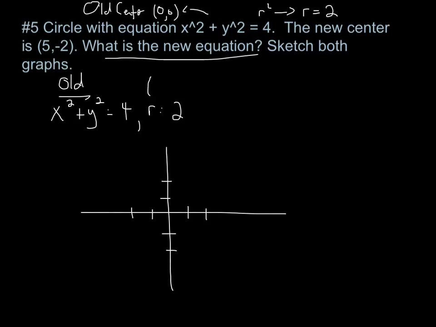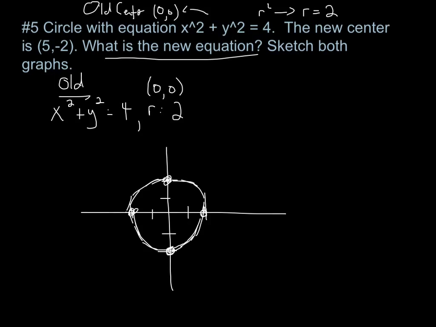You go up 2, left 2, right 2, and down 2. And don't you dare make a diamond. Make it as circular as you can make it. I'm doing the best I can on my iPad app here. It kind of looks like an oddball egg, but it's close enough.